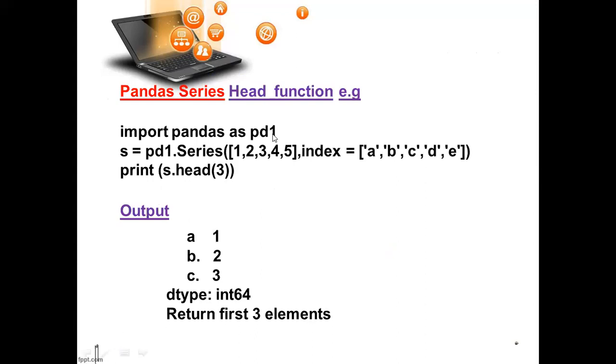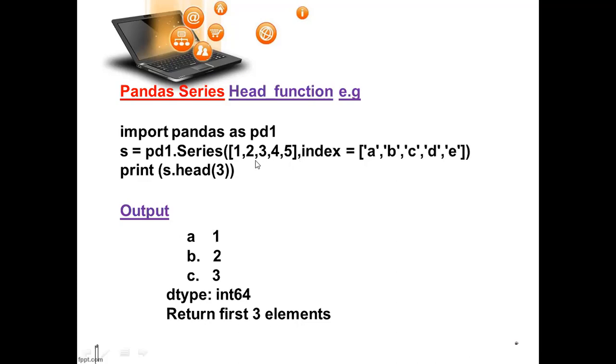Import pandas as pd1. pd1 is a user defined name for pandas, and here I am using s equal pd1 dot Series. See how the values are enclosed in a square bracket inside the rounded bracket of Series.